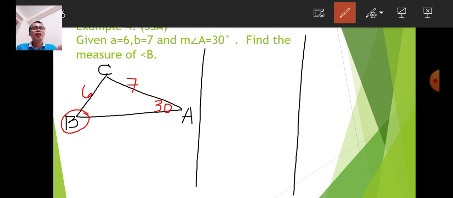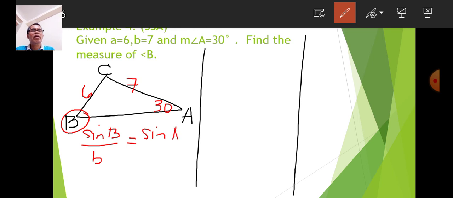So we can use sine B over b equals sine A over a.